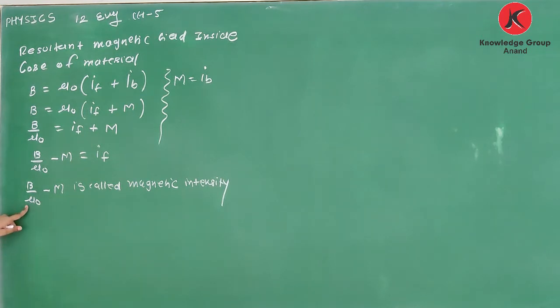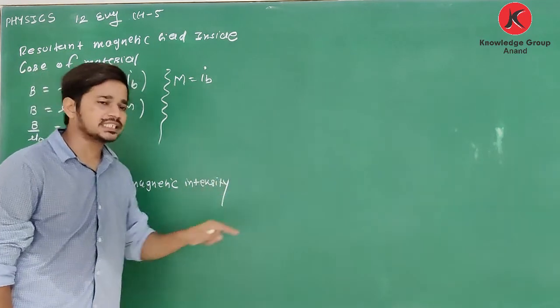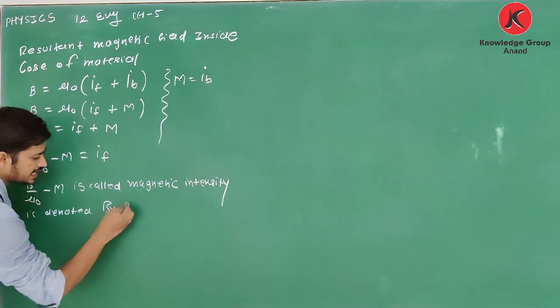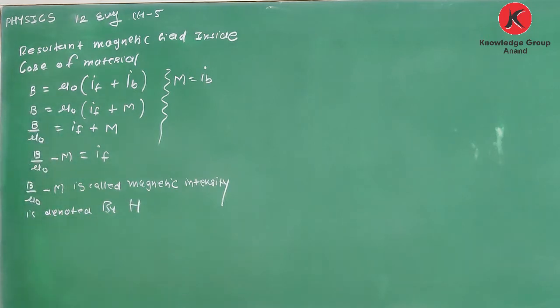This B upon mu 0 minus M is called magnetic intensity, and it is denoted by H. Clear about this? So yes, B upon mu 0 minus M is called magnetic intensity and is denoted by H.